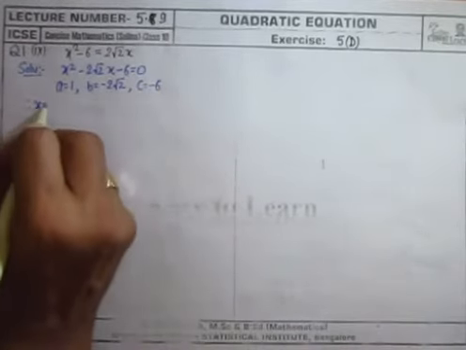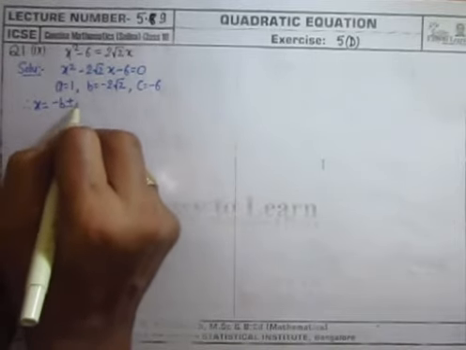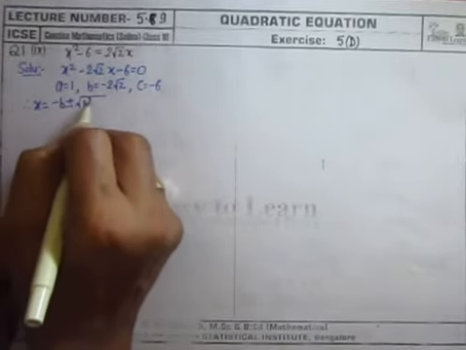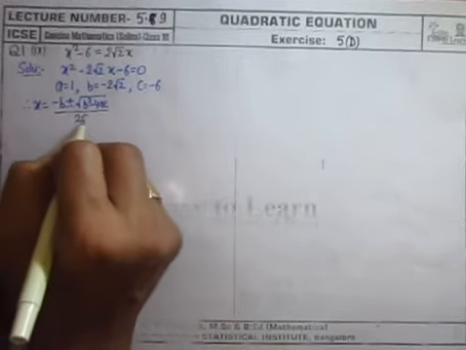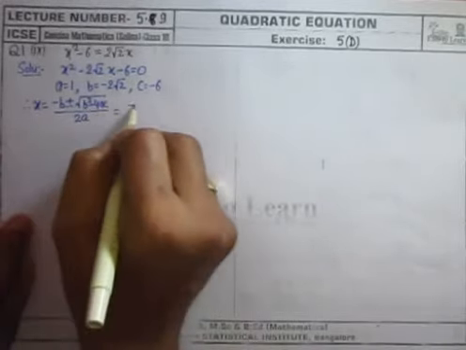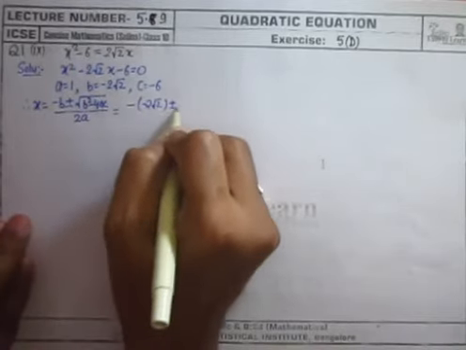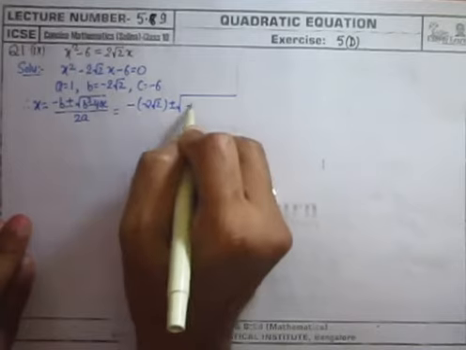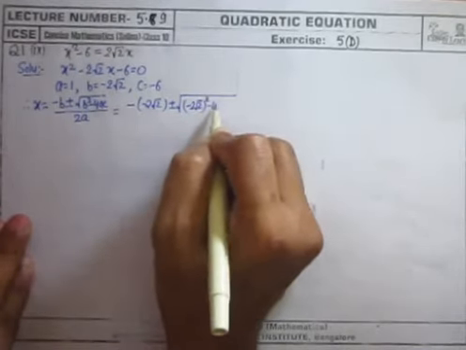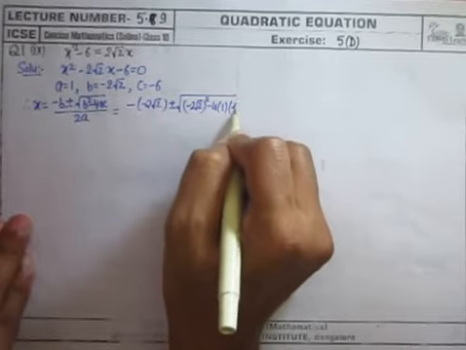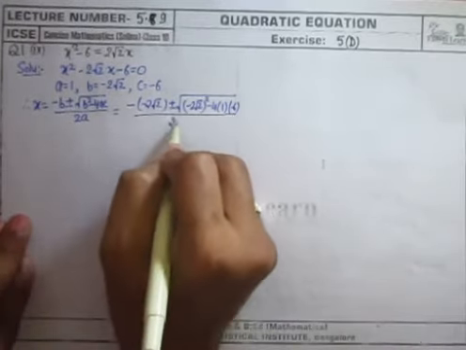Therefore x is equal to minus b plus minus root under b square minus 4ac by 2a. So minus of minus 2 root 2 plus minus root under b square, so minus 2 root 2 whole square minus 4, a is 1 and c is minus 6, whole divided by 2 times a.